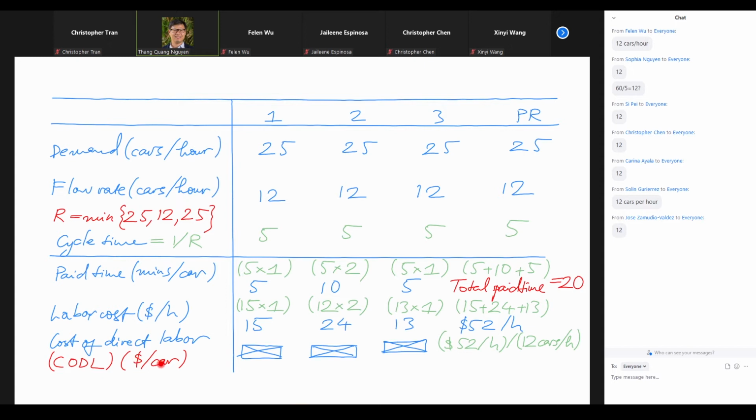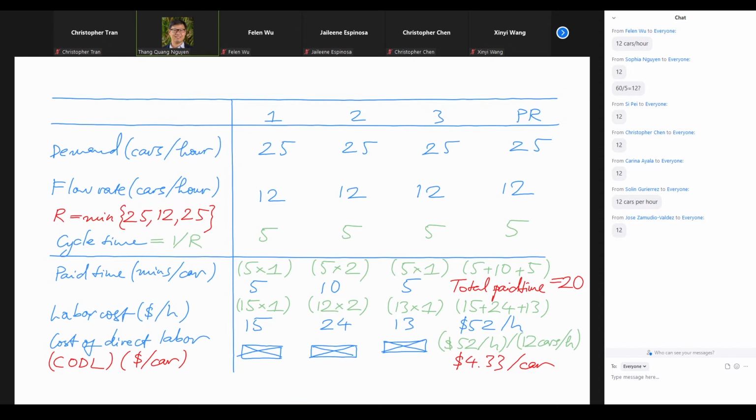And the result in this case is $4.33 per car, right? So we call this number the cost of direct labor. In terms of the labor cost, how much it is to process one flow unit through. So that's the meaning of that $4.33.